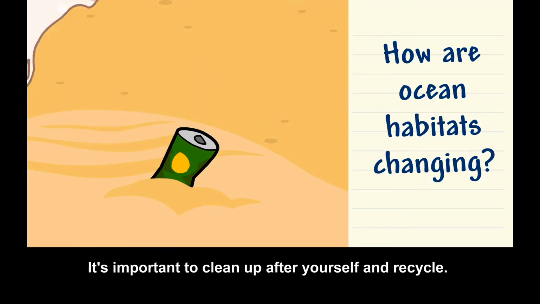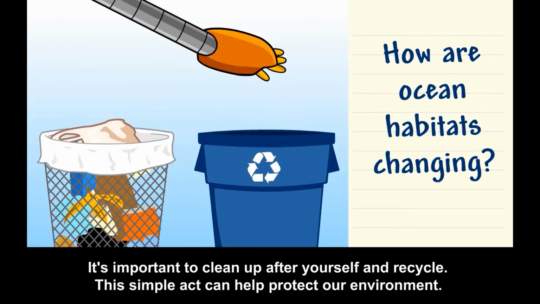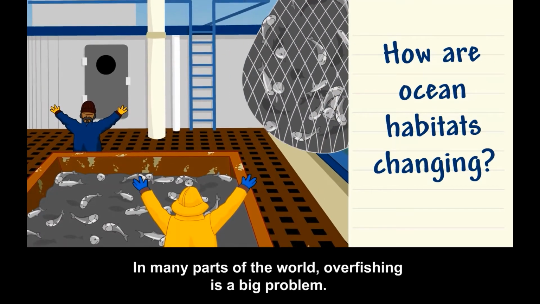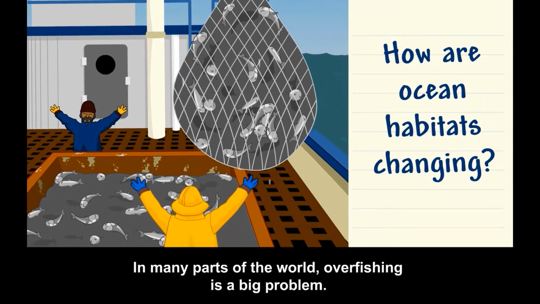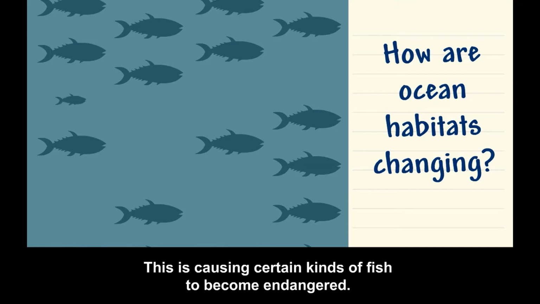It's important to clean up after yourself and recycle. This simple act can help protect our environment. In many parts of the world, overfishing is a big problem. This is causing certain kinds of fish to become endangered.